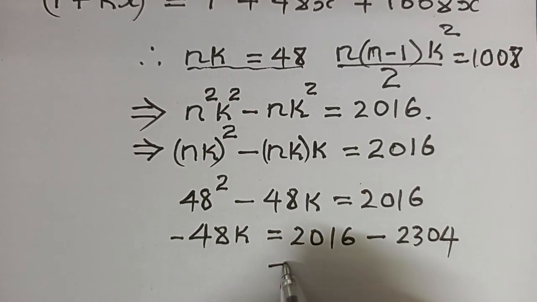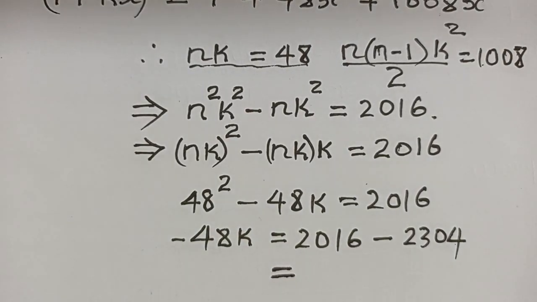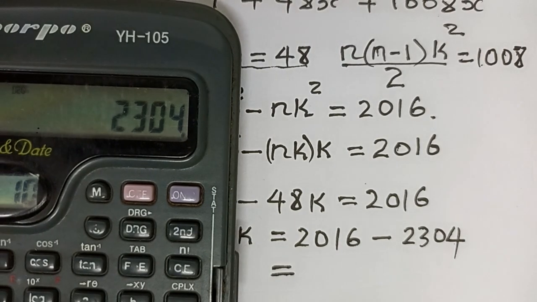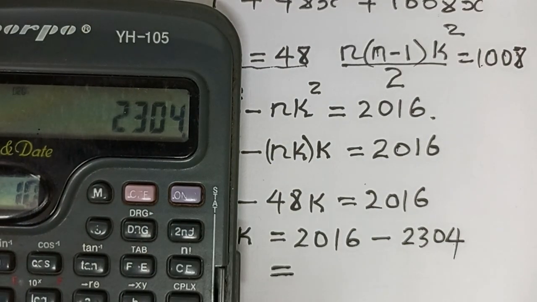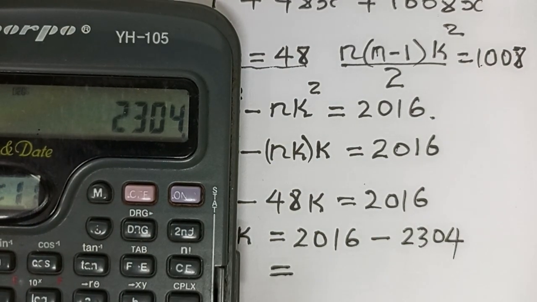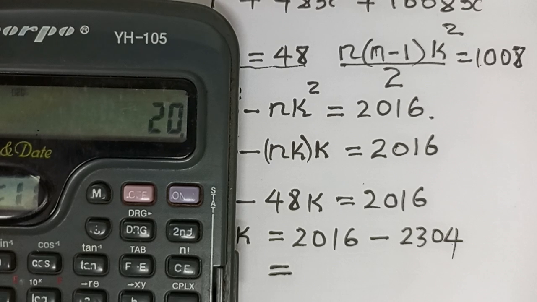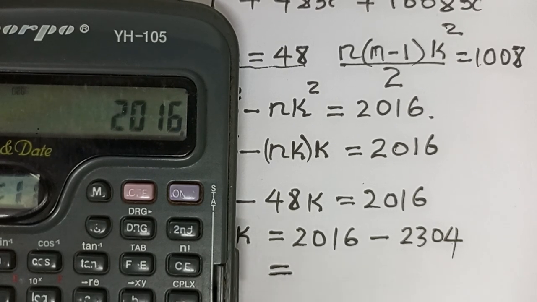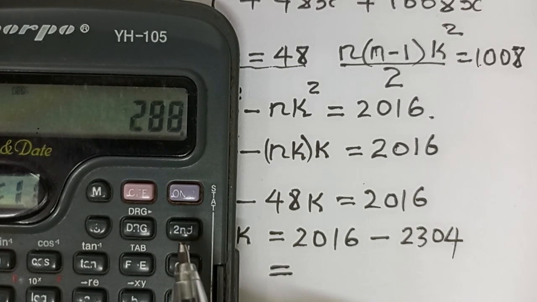And so on this side, we are going to have 216 minus 2304. That is 2304 minus 216, which gives us 288.